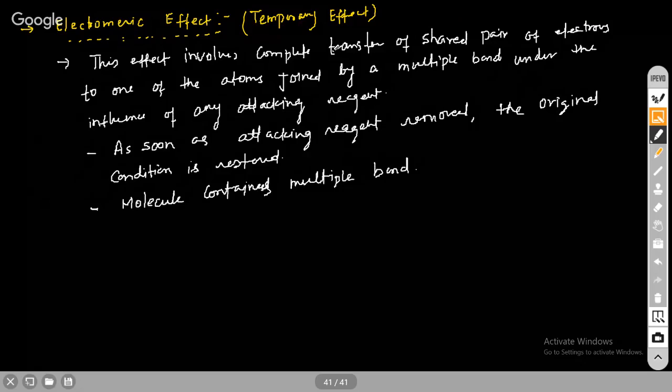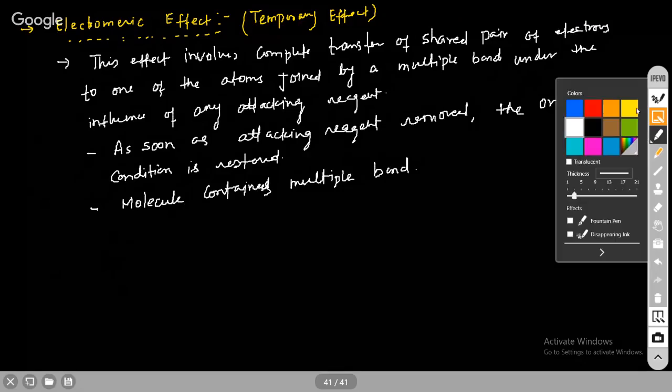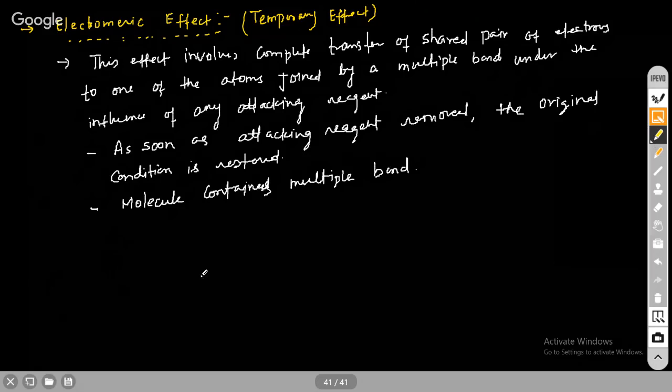Now in this one, if I take the example here, suppose the compound is C double bond O. So in this case, what happens?